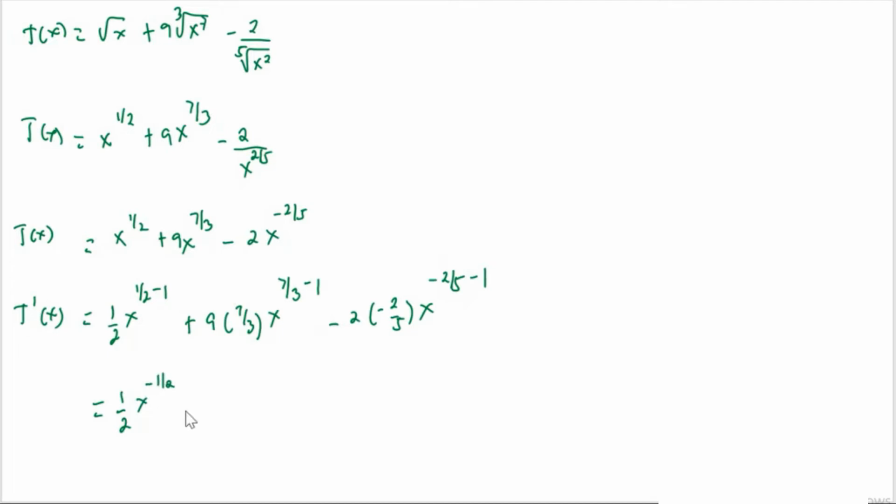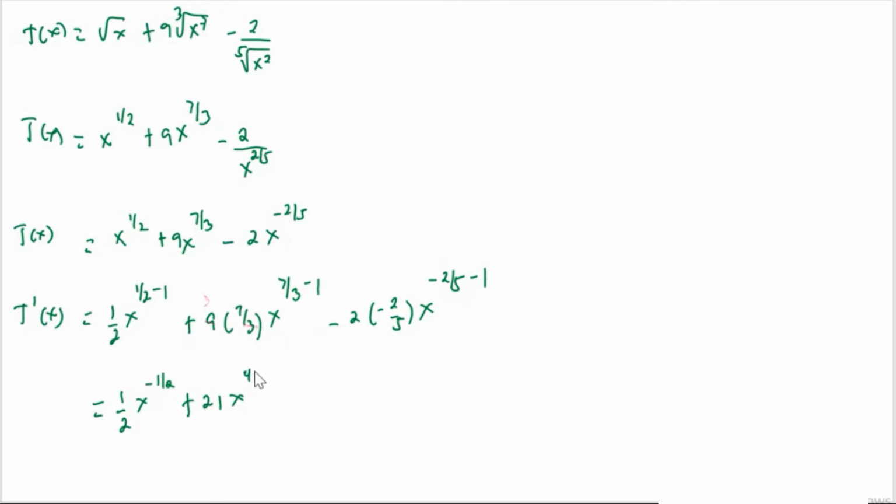Plus, we have 9 times 7 over 3. We can use cancellation with 9 and 3. 9 divided by 3 is 3, so we cancel the 3, and this becomes 3. Therefore, we have 3 times 7 is equal to 21 of x to the power of 7 over 3 minus 1, which is equal to 4 over 3.